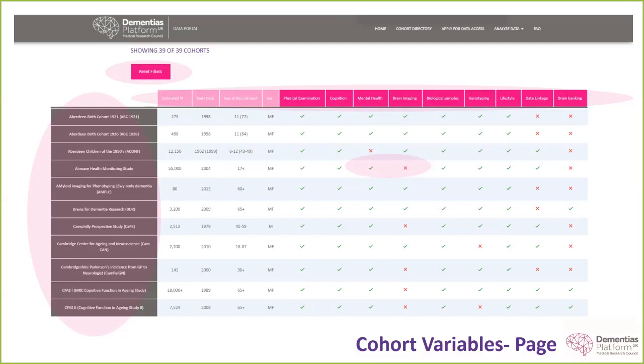Now, over the next 3 to 6 months, we're developing these two tools, both this tool and the cohort directory, to become highly characterized tools, so that not only will you know, for example, that these cohorts have physical examination, cognition, and mental health, you will also know in cognition, for example, that it has executive function, speed of processing, and memory.